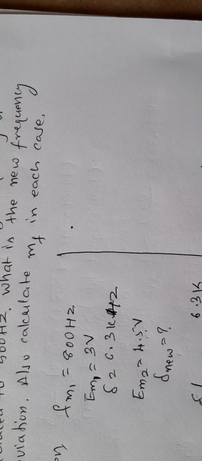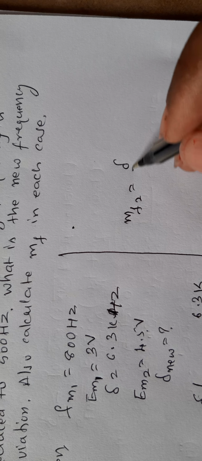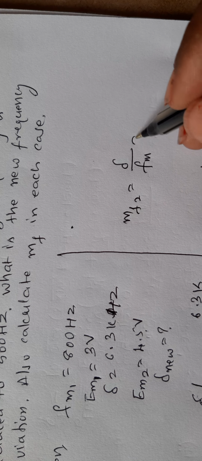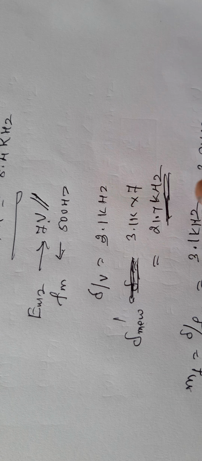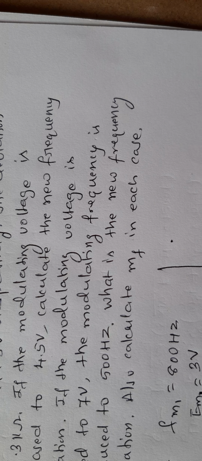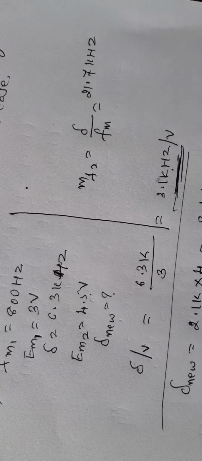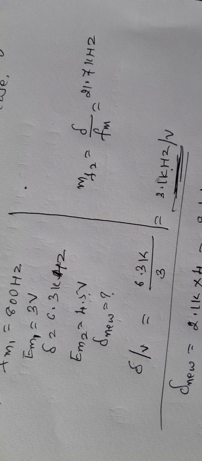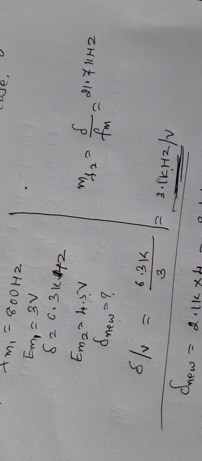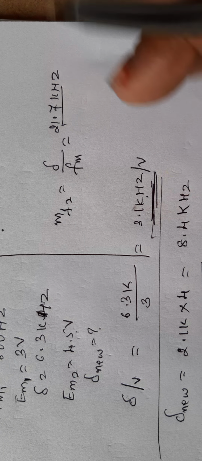Therefore, modulation index MF2 for the second case is delta divided by FM, where delta, the new deviation, is 21.7 kilohertz. In the first case, frequency remains constant, only voltage is raised from 3 to 4.5. Frequency does not change. Therefore, frequency is 800.